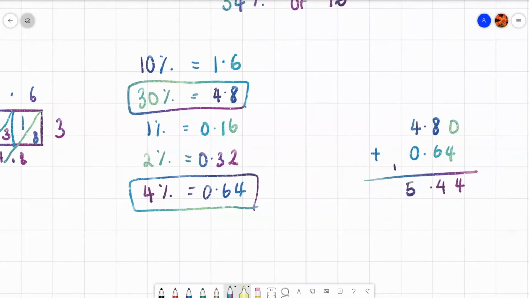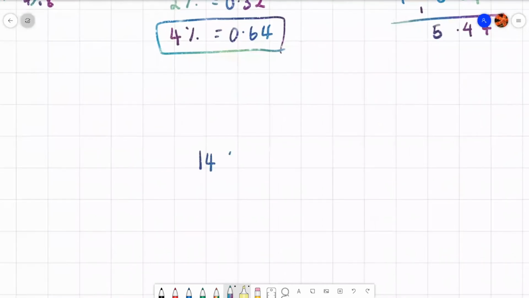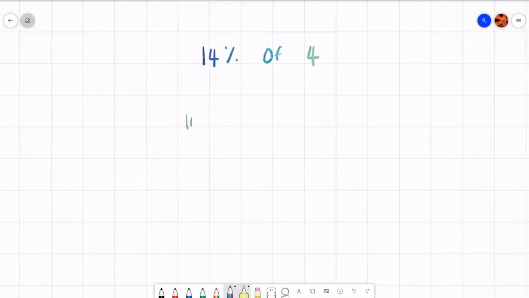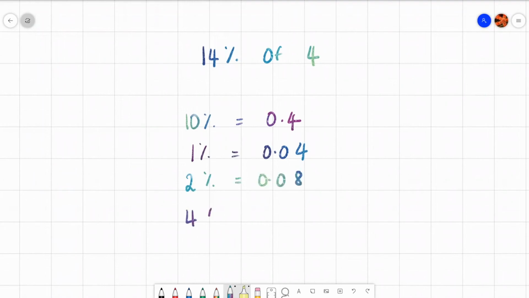Okay, let's do one question left then. 14% of 4. I'd work out 10%, which is 0.4. Then I would work out 1%, which is 0.04. Now again, you can either just times that by 4, or you can double 0.08 to work out 2%.